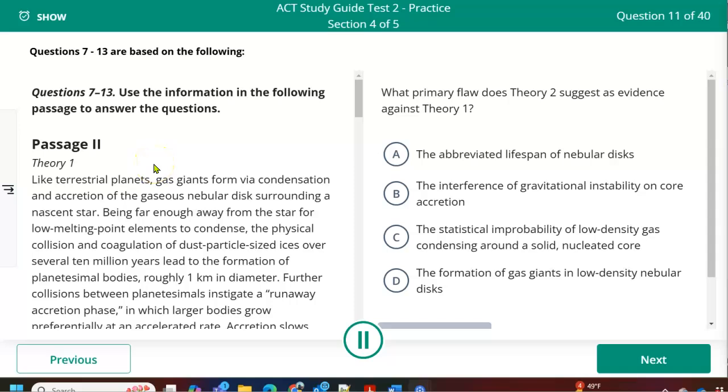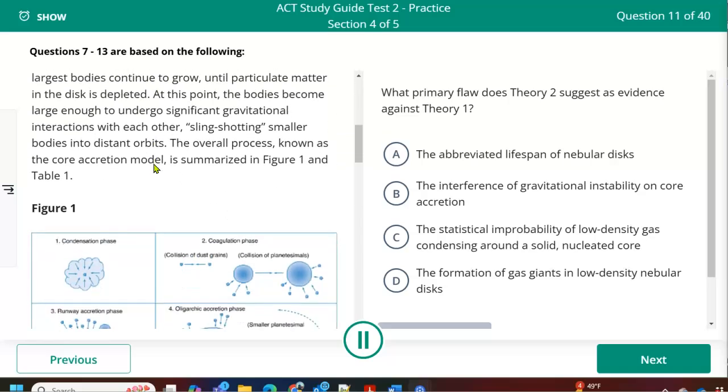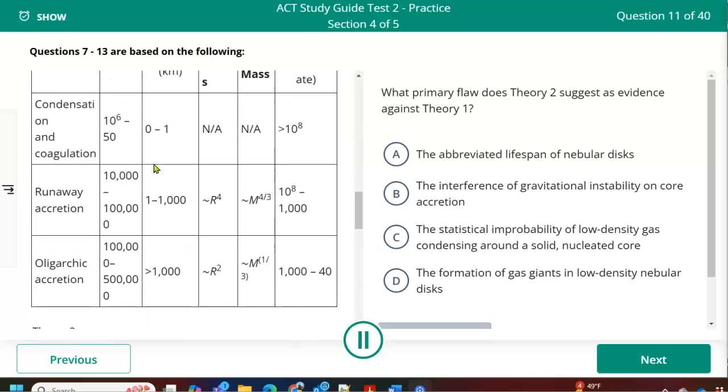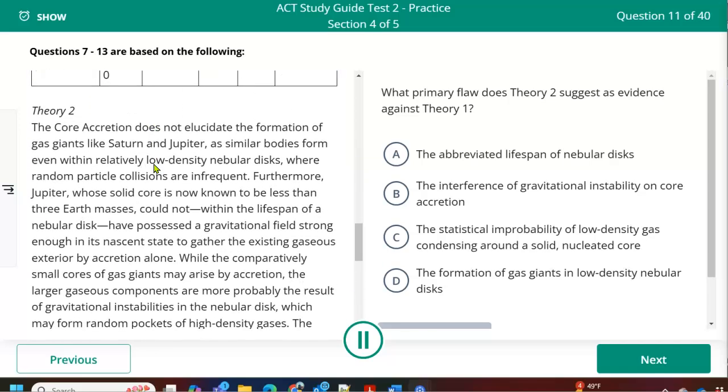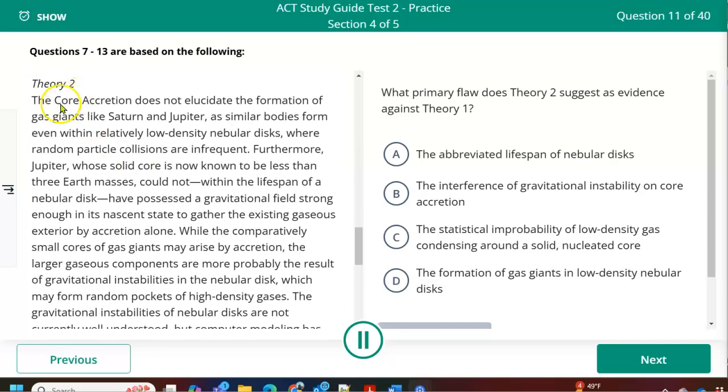What primary flaw does theory 2 suggest as evidence against theory 1? Core accretion does not elucidate the formation of gas giants like Saturn and Jupiter, as similar bodies form even within relatively low density nebular disks.